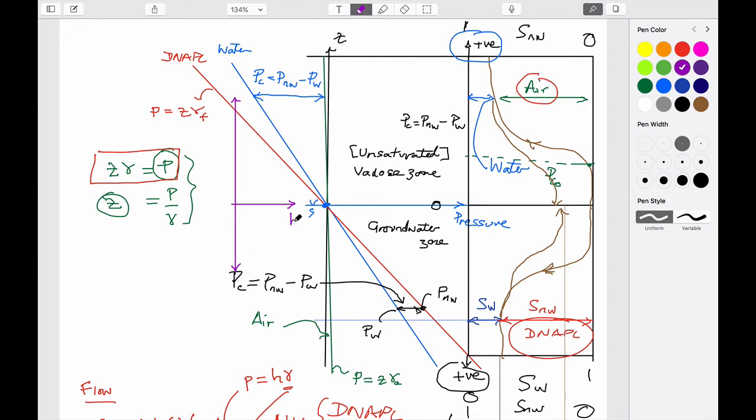So if this is head, and we know that we've defined head as equal to an elevation plus a pressure, not a capillary pressure, divided by the unit weight of fluid. And just for completeness, to bring back your nightmares, the Bernoulli term. We're just going to say that the flow velocities in the system are very small.